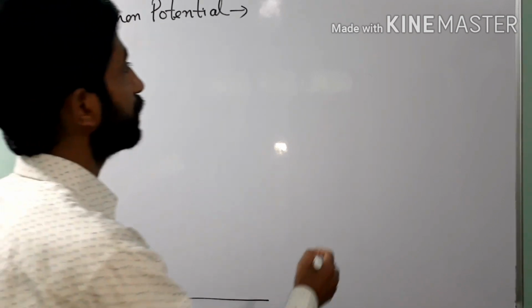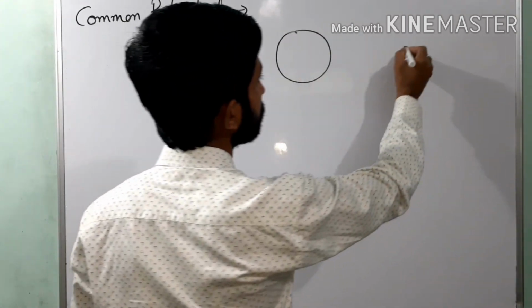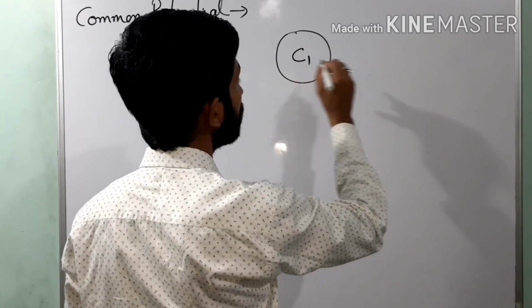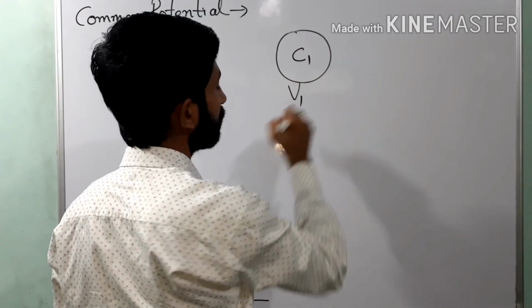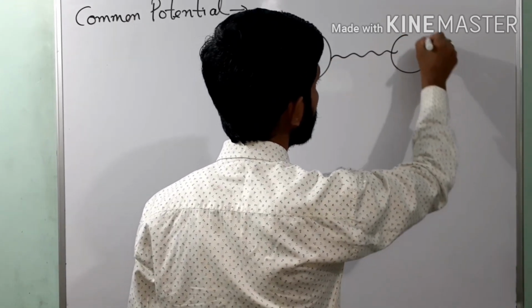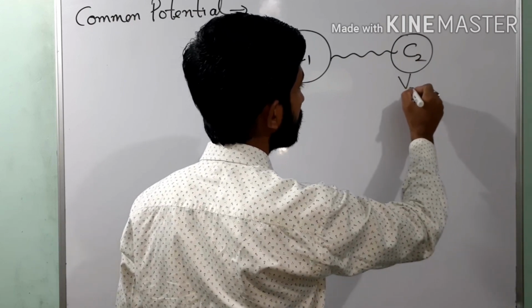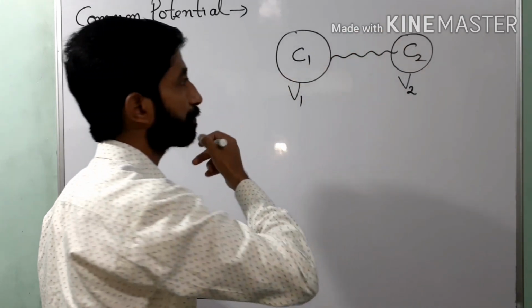Say this is one capacitor, its capacity is C1 and it is charged to voltage V1. It is connected to another capacitor of capacity C2 and its voltage is V2.